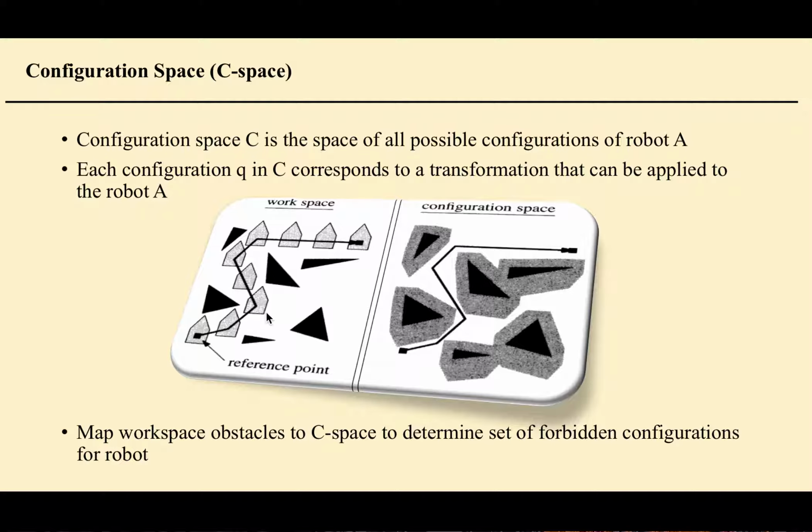So the simplest way is to find the configuration space, shrinking the robot to a dot, and making up for the size or the volume of the robot by inflating the obstacles.